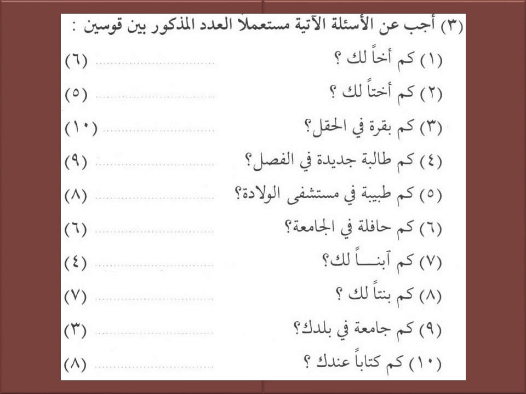Sentence number 3. Kam baqaratan fil haqli? Okay, in the baqaratan you can see there is no tanween there, or there is no alif there as well. How does that work?